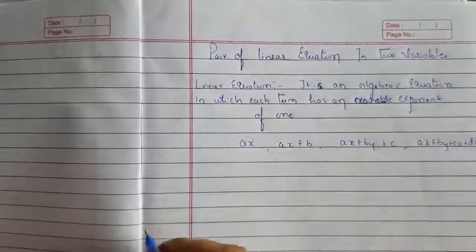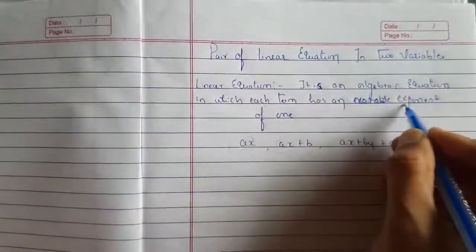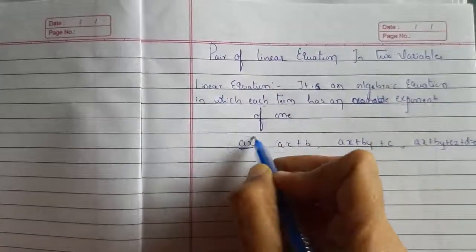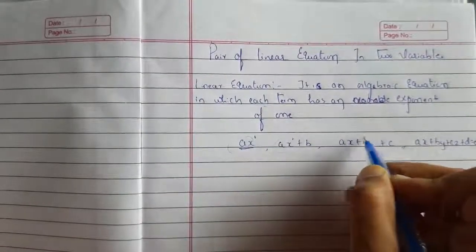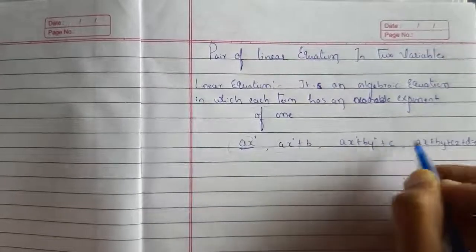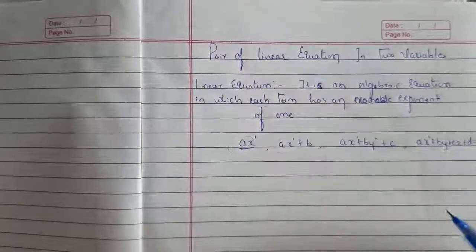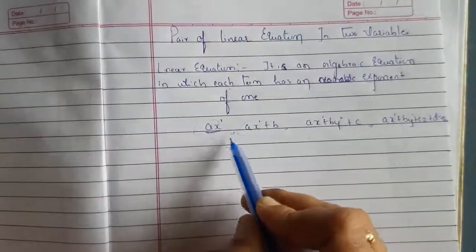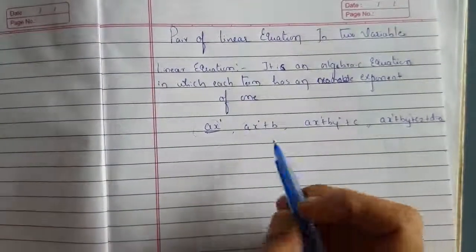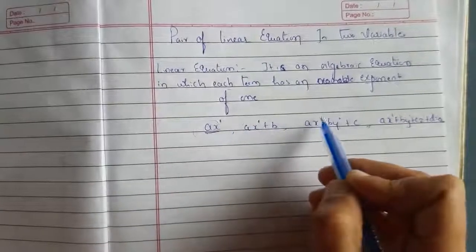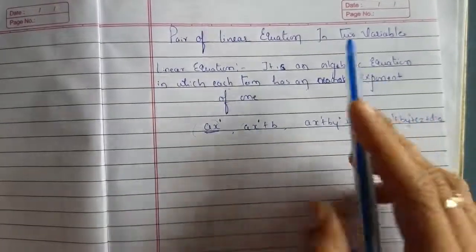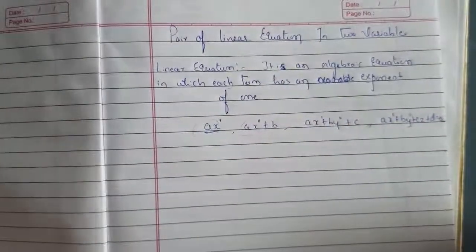Algebraic equations, and each term has exponent 1. So by this we can say that if the term contains highest degree 1, then that equation is called a linear equation.